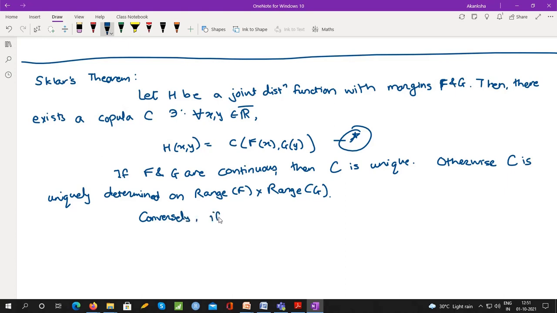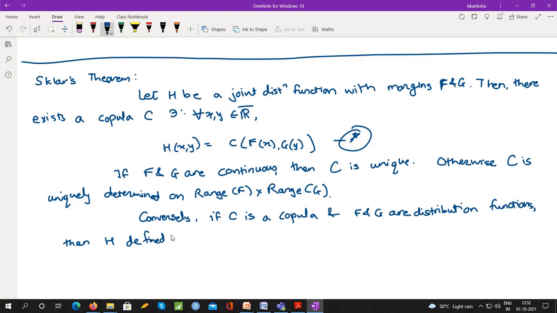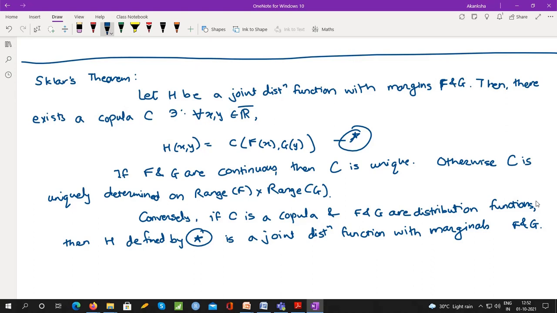Conversely, if C is a copula and F and G are distribution functions, by the way, whenever I say distribution functions, I mean CDFs, then H defined by star is a joint distribution function with marginals F and G. Okay, the statement is complete.